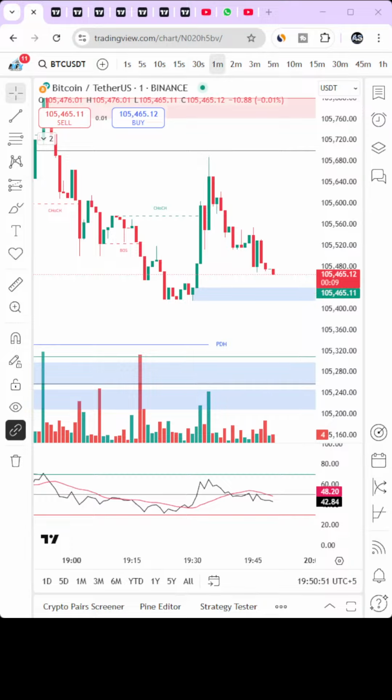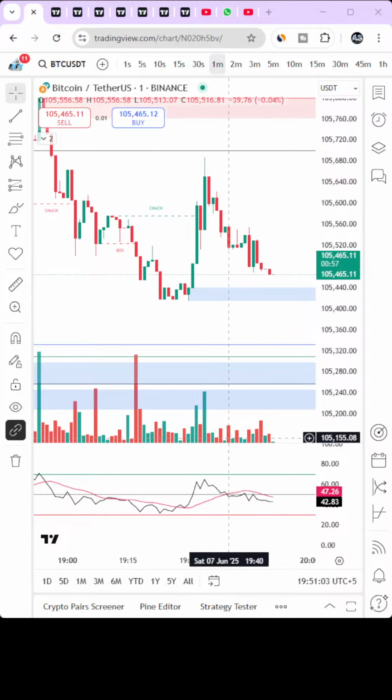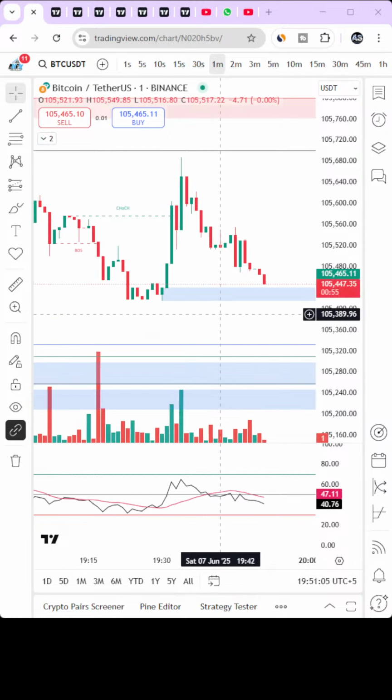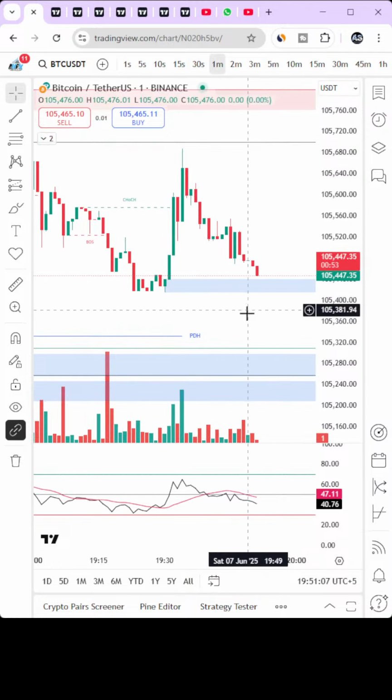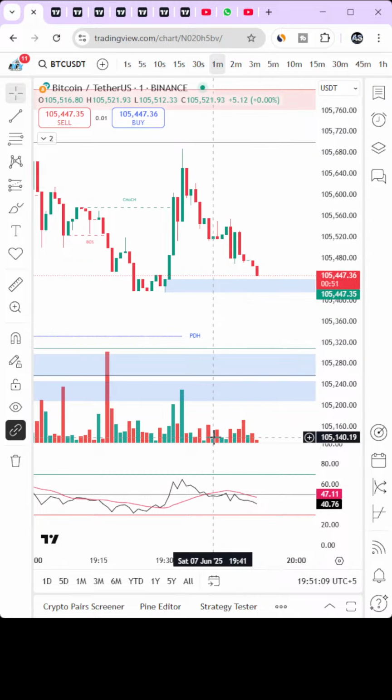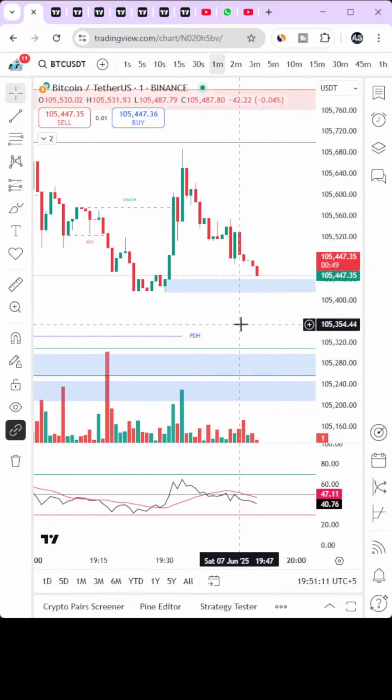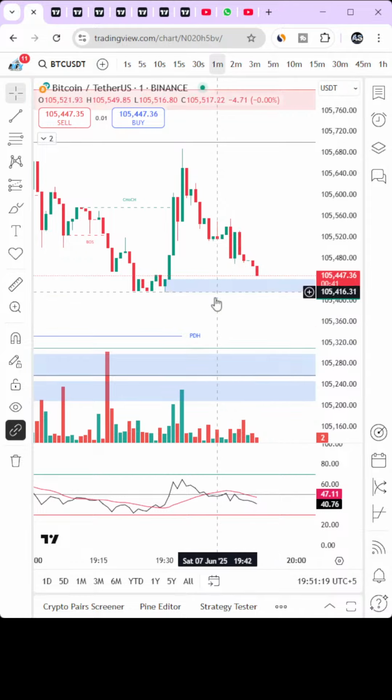Yeah, RSI is a very helpful indicator, and volume too. Now you can see clearly the selling volumes are bigger than the buyers' volume. Now look at these volumes with the RSI. These both indicators are very amazing. Yeah, in the 1 minute time frame the bias is bearish.